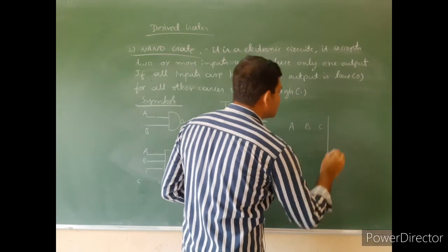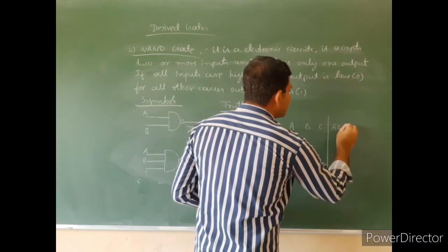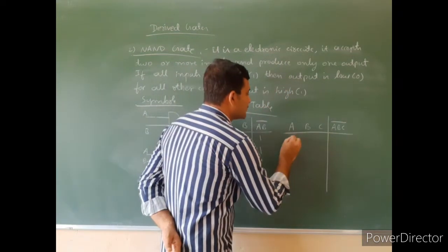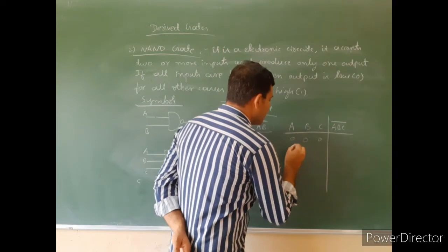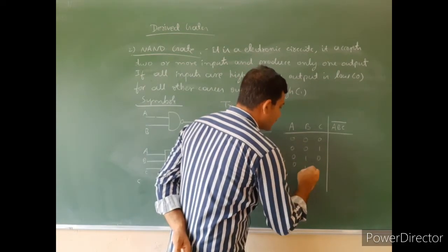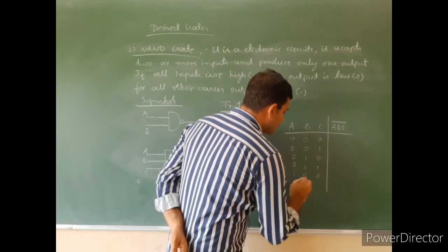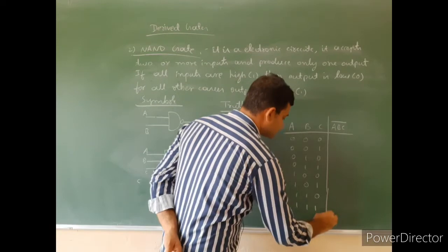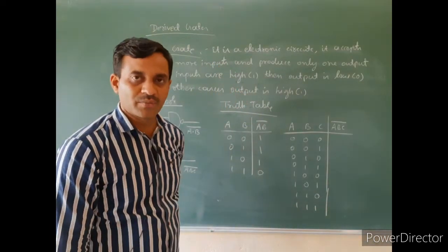If it is 3 inputs, then the output is ABC bar. The combinations are 0 0 0, 0 0 1, 0 1 0, 0 1 1, 1 0 0, 1 0 1, 1 1 0, 1 1 1. So these are the 8 combinations.